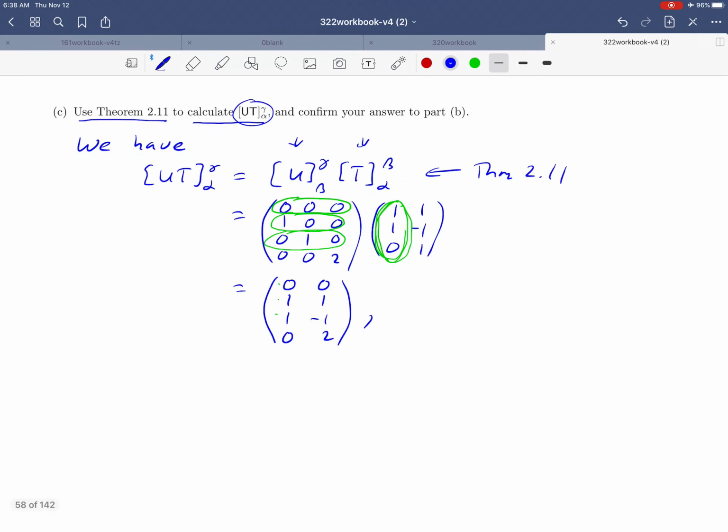So by using Theorem 2.11, we have just confirmed our answer to part B. Okay, and we're done.